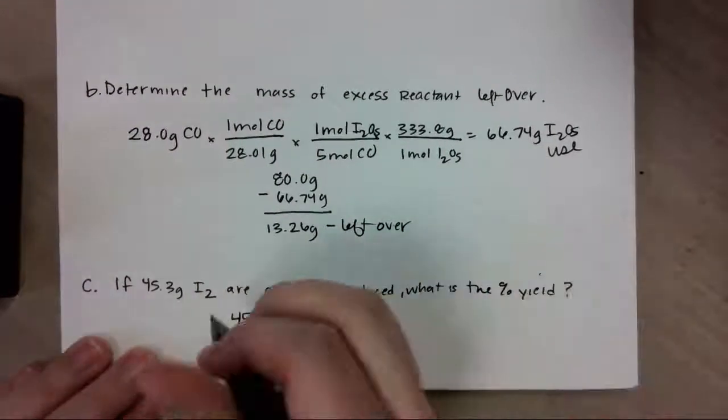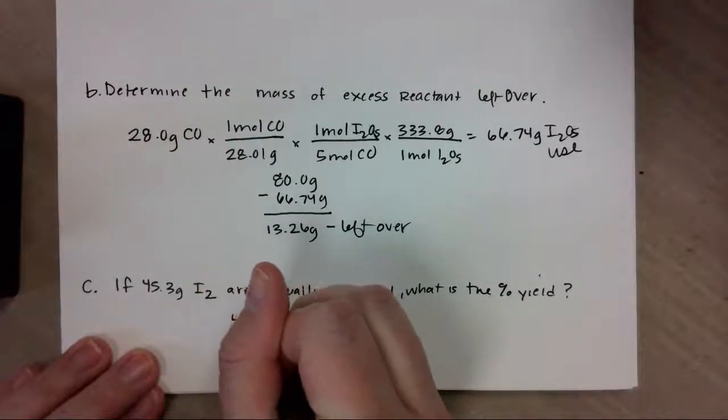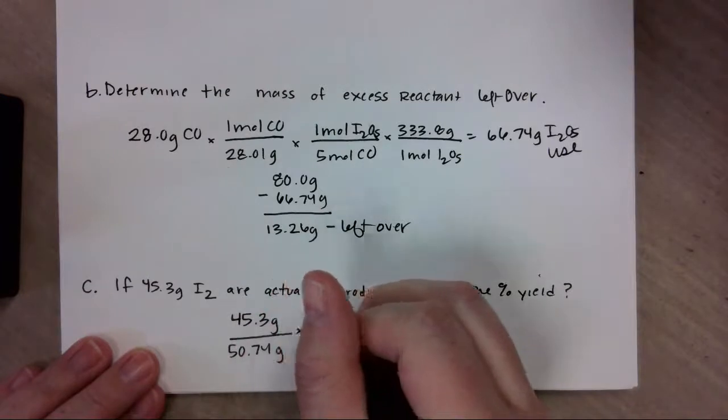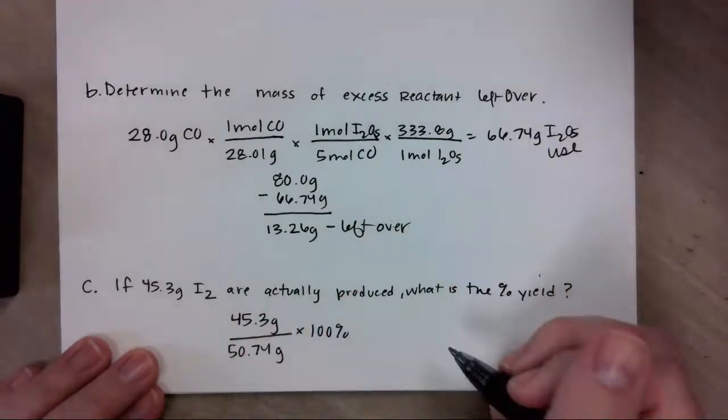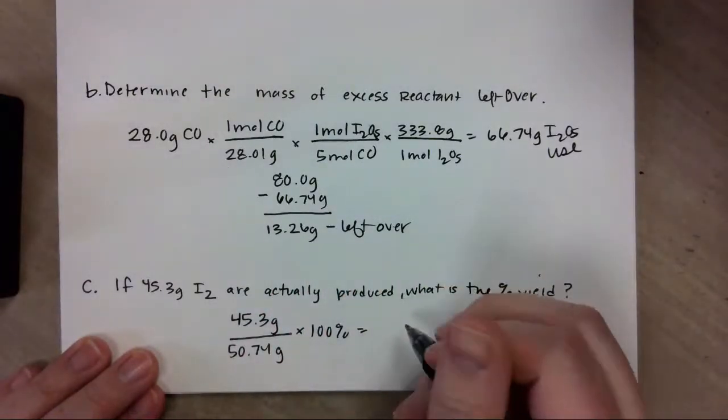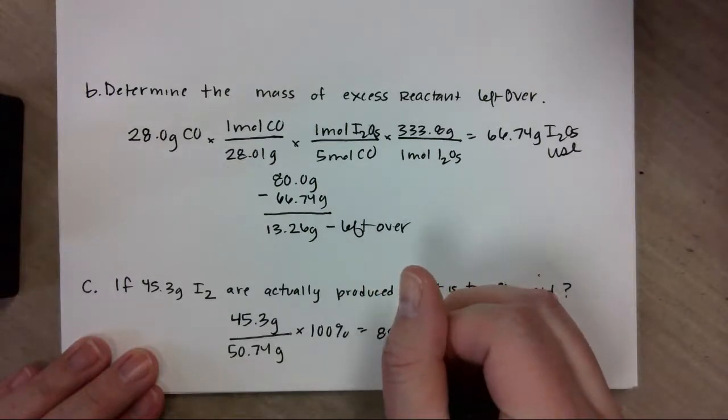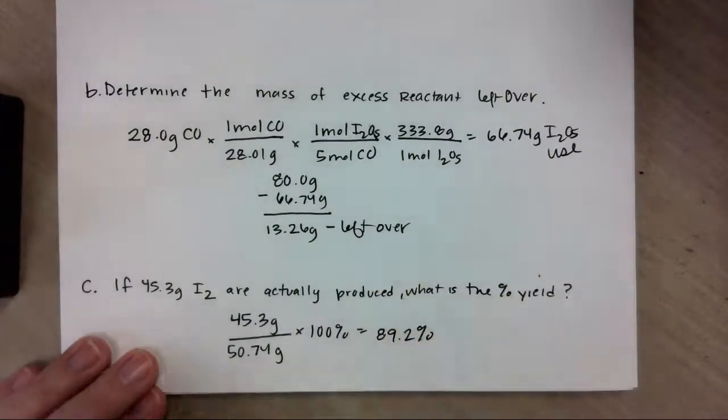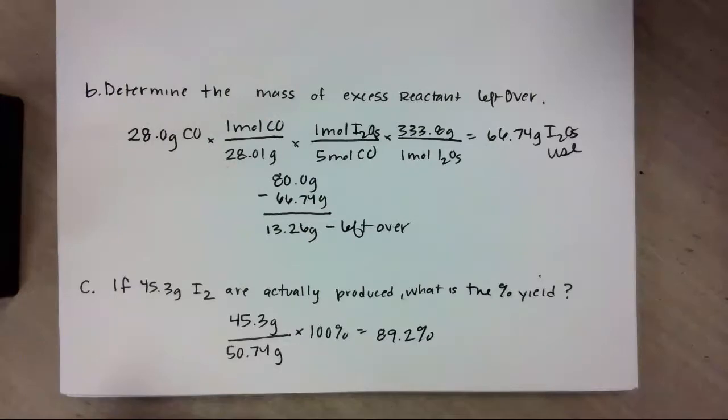So I'm going to put 50.74 in my denominator and then divide those two and multiply them by 100%. And when I do that, I get 89.2% when I type that into my calculator. Okay, that's a pretty good yield, all things considered. So it's not too bad of a job for whoever did that process.